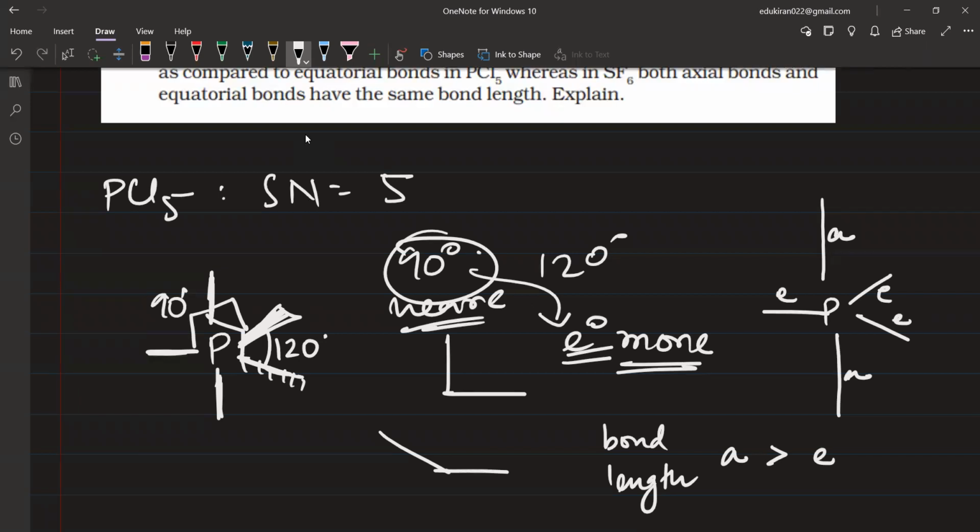Okay, due to the bond pair repulsion of the axial bond is greater than that of equatorial bond.